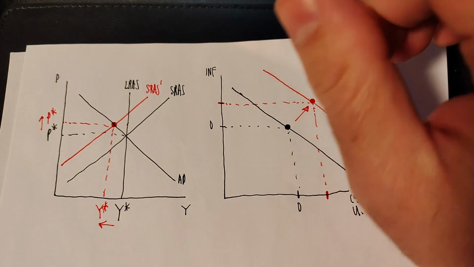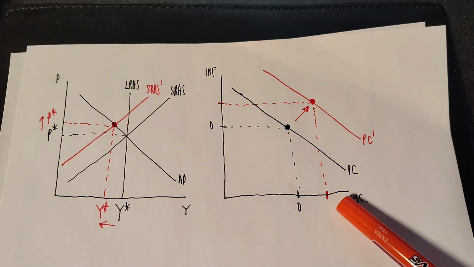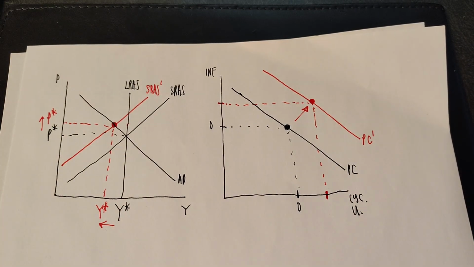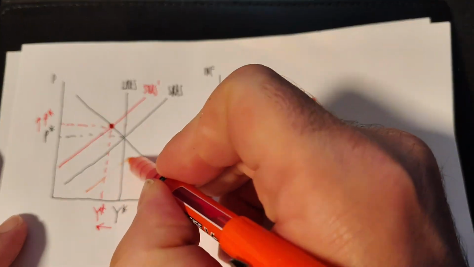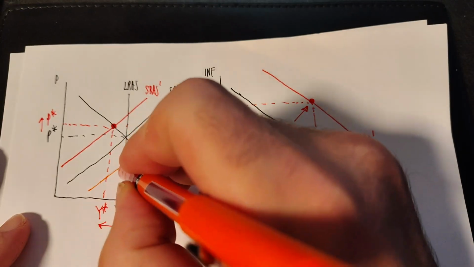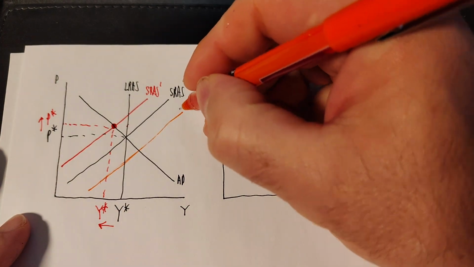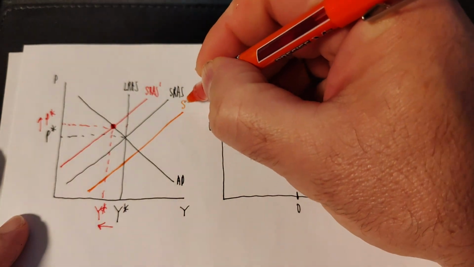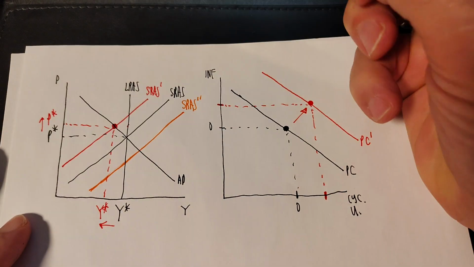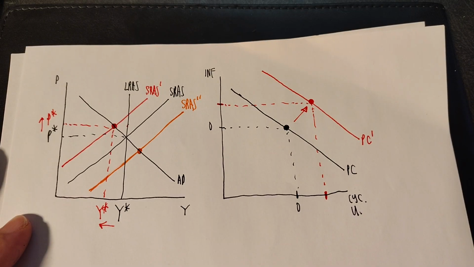Now, what would happen if we had the exact opposite scenario? Let's say that there was a decrease in the price of energy, or we discovered plentiful oil here in the US that was even better than what we import from overseas. So let's call this short-run aggregate supply curve double prime, and that brought this equilibrium out down that way now.